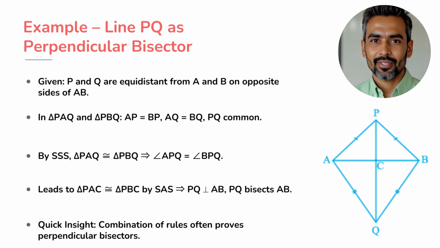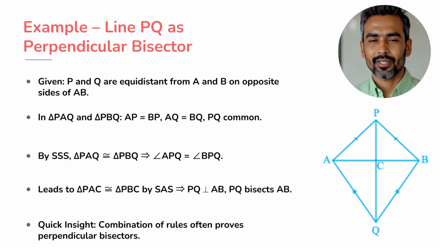And what does congruence tell us? It tells us that corresponding angles are equal. That means angle APQ equals angle BPQ. This leads us further. If we consider triangles PAC and PBC, then by side-angle-side congruence, we conclude that line PQ is perpendicular to line AB and, in fact, bisects line AB.